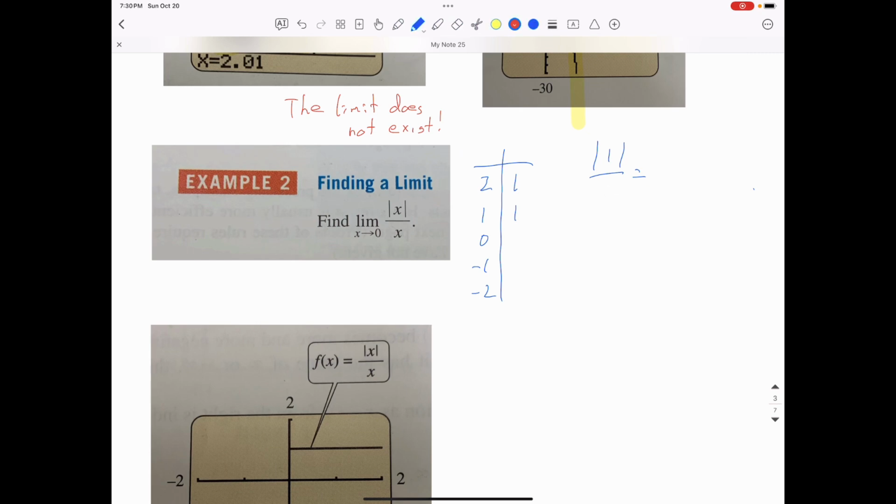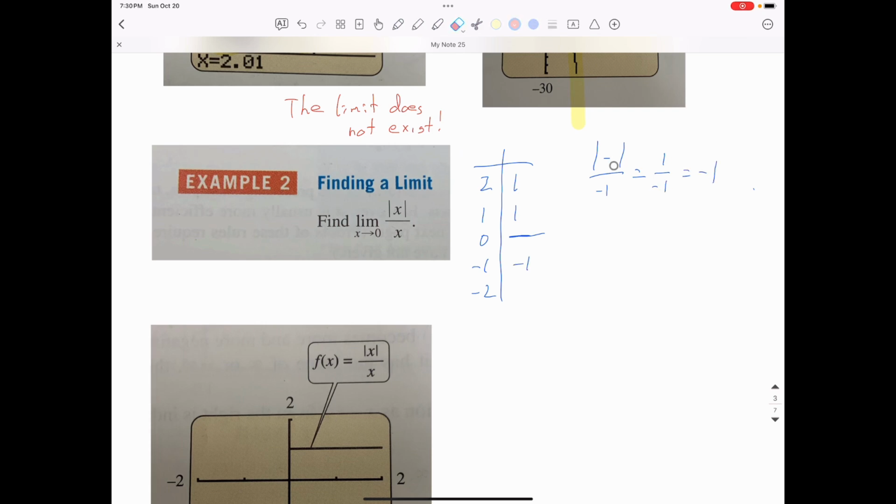When you try to plug in 0, you get the absolute value of 0 over 0. And so we can see we have an issue there, that we can't have 0 in the denominator, so that's not possible. And then when you plug in -1, you get the absolute value of -1 over -1. Absolute value of -1 is 1 over -1, and that equals -1.